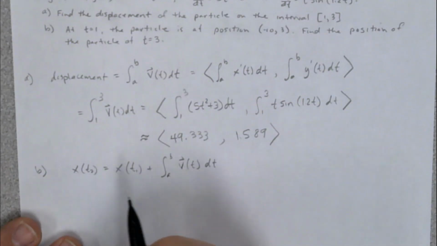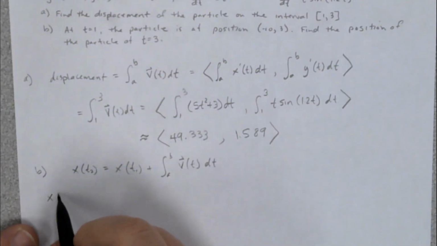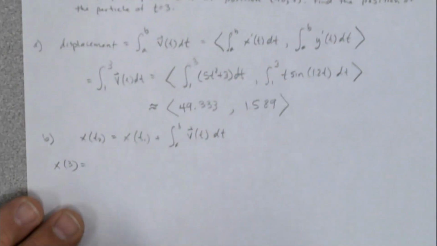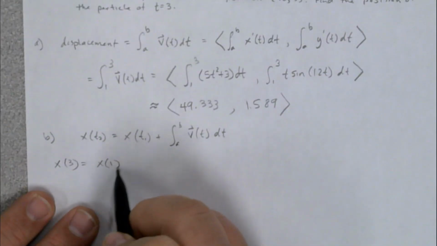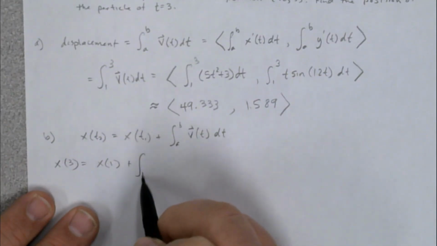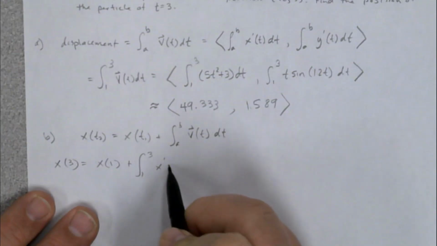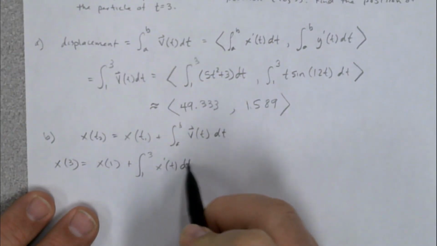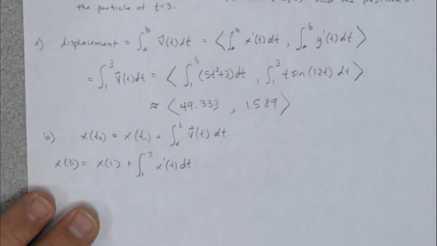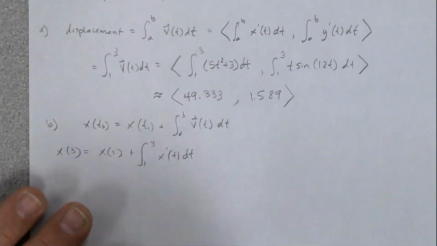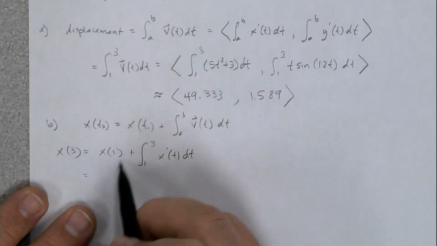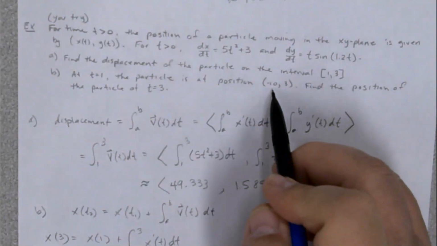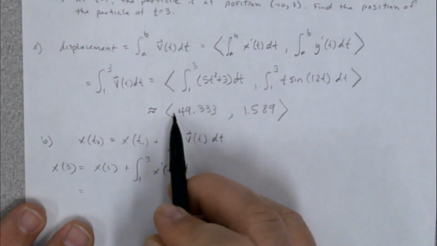Well, I've got to find x at 3. x at 3 is the position at 1 plus the displacement of x prime. And we know these values. They gave us this one. This number right here is -10. And we found this one right there.